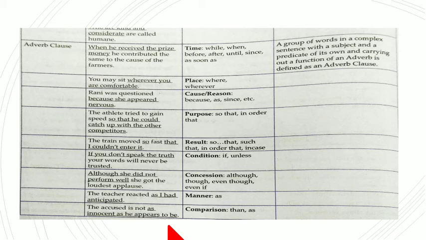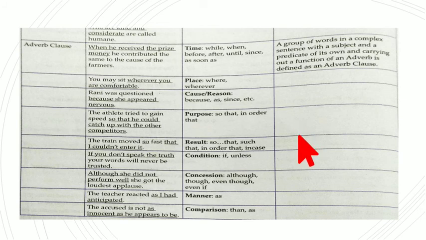Comparison. So here, as we know that the adverb has its types, similarly in the sentence also, when we are trying to find out the adverb clause: whenever it is stating time, it will begin with, or in the middle of the sentence it will be, while, when, before, after, till. Place, it will specify the place. Reason: because, as, since. Purpose: so that, in order that. Result: so that, such that.